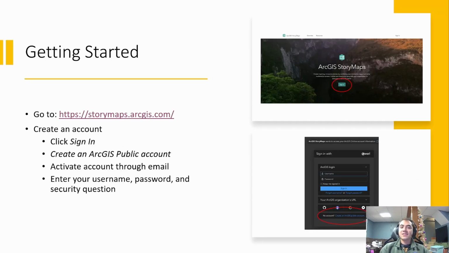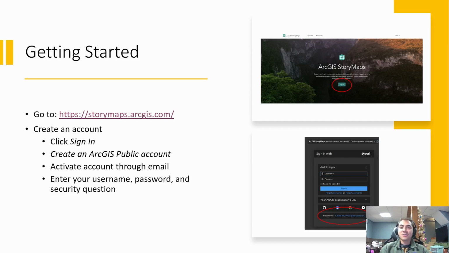So to get started, first go to the link listed there, storymaps.arcgis.com. From there, you want to click in the middle where it says sign in. Then you'll be greeted with this black box where you go down to click create an ArcGIS public account. This is, of course, if your university has not set you up with a GIS account. If your university already has, then please sign in with your credentials.